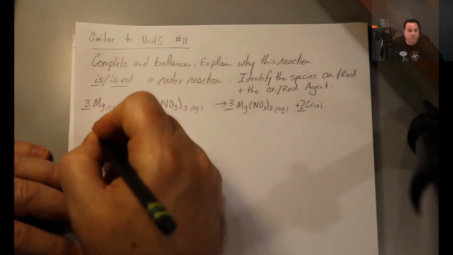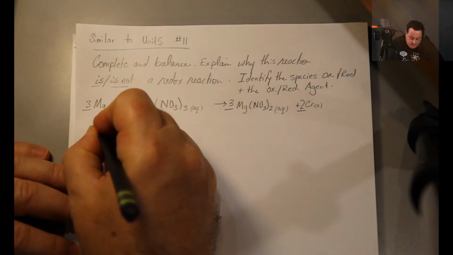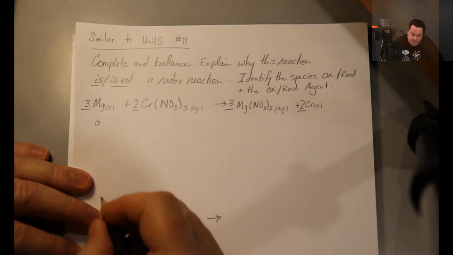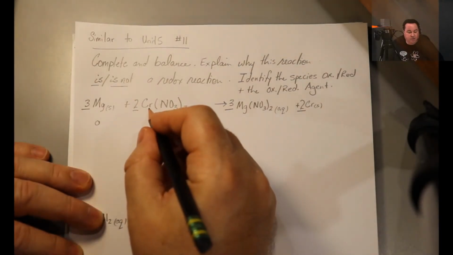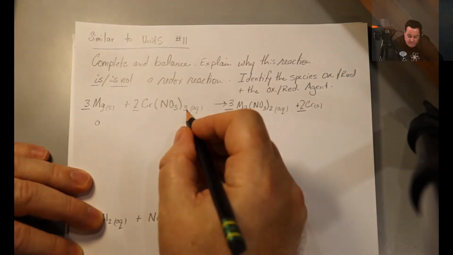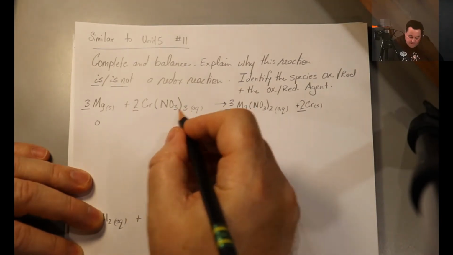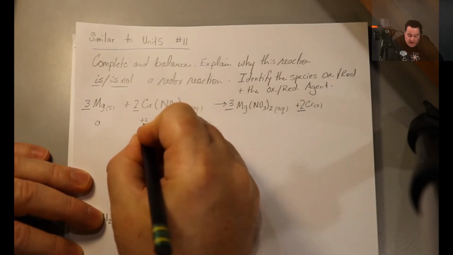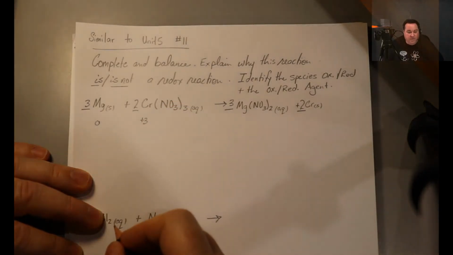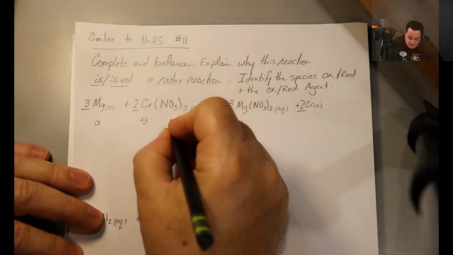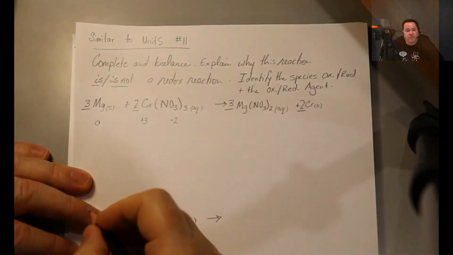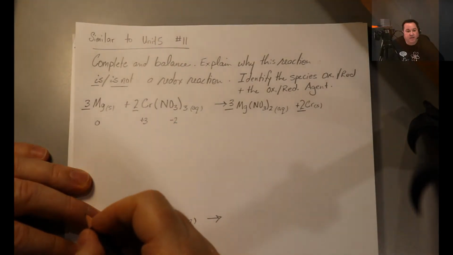So following our rules for assigning oxidation numbers, magnesium is 0. It's an element here, so it has a 0 oxidation number. Chromium would be the same as the charge on the ion, and here, from the fact that it takes 3 nitrates to balance it, we know that this is chromium 3 positive, so a +3 oxidation number. Within the nitrate, oxygen is its usual oxidation number of -2 because it's not with fluorine and it's not in a peroxide.